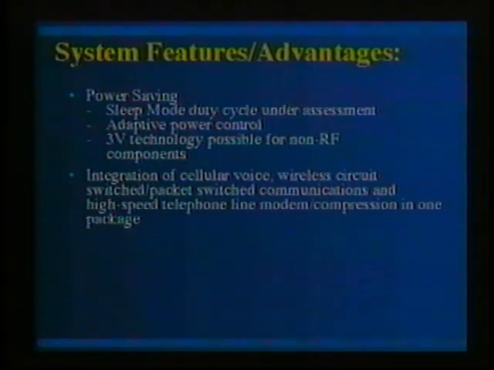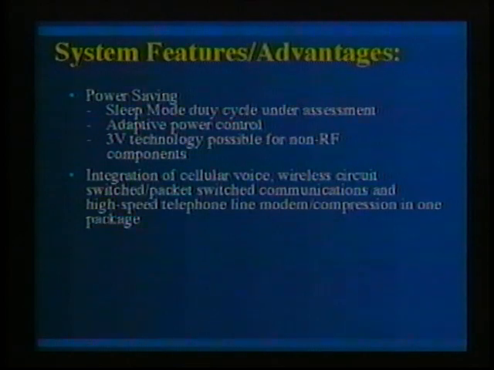When one realizes that in a cellular telephone today, approximately half of the weight is due to the battery pack, obviously one wishes to do everything possible to preserve power. The current approach has a sleep mode that will permit battery saving with a duty cycle that has not yet been determined as the final, but will be tested in field tests. The new approach, as was discussed before, has a very flexible adaptive power control, which should benefit power conservation.